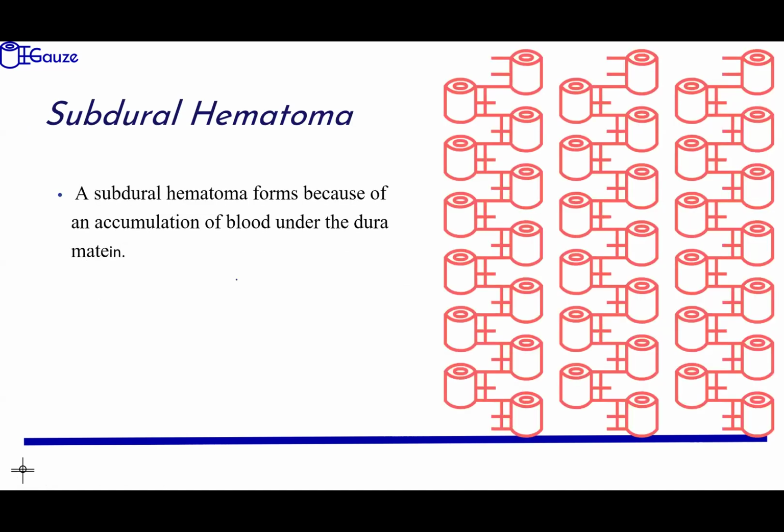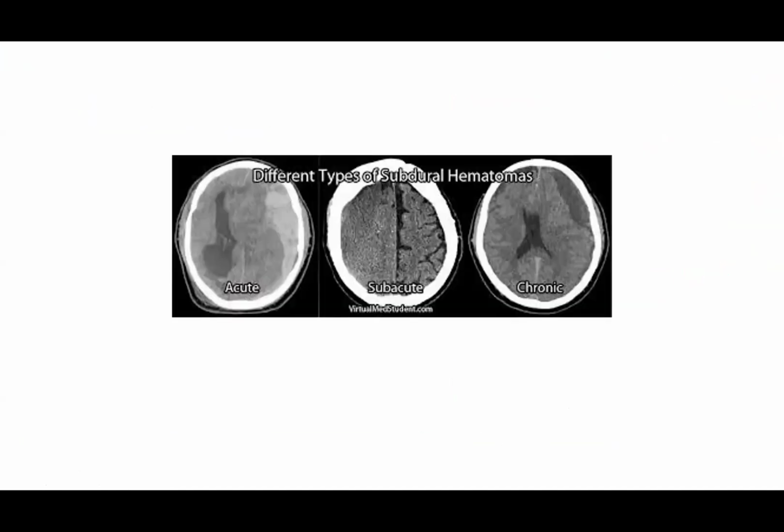This is for epidural hematoma. For subdural hematoma, it usually forms because of an accumulation of blood in the subdural space. It's more common in extreme ages, like kids or the elderly, basically, because their brain is of low volume, so it's easy for the dural bridging veins to be lacerated and rupture and cause a subdural bleed.